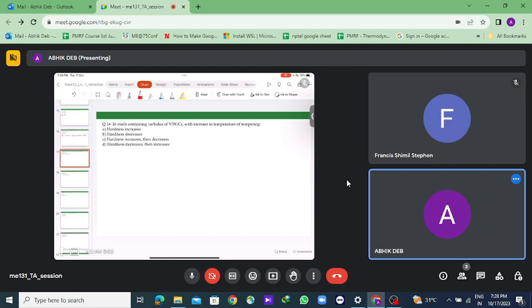So we will get a curve something like this for steels containing alloying elements, these carbide forming elements.